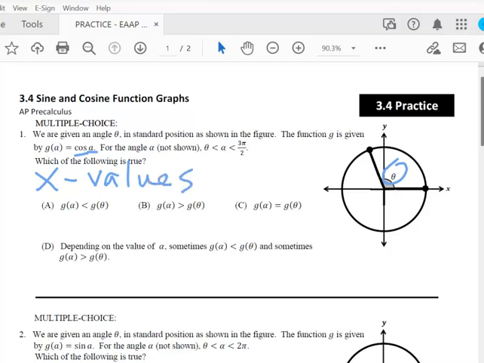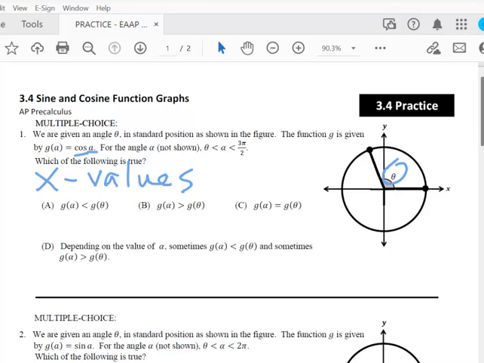We're going to be comparing x values. So for example, for our angle theta, what would probably be the x value associated with it? Well, it's to the left of the y-axis, so it has to have a negative x coordinate. Is it negative 1/2? Is it negative 1? I don't know. But I think it's safe to say that it's negative.